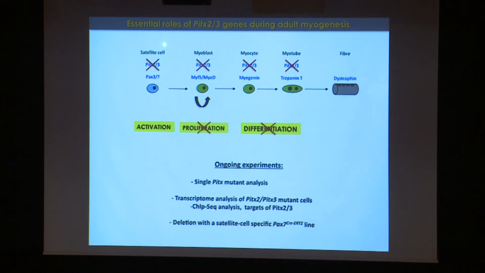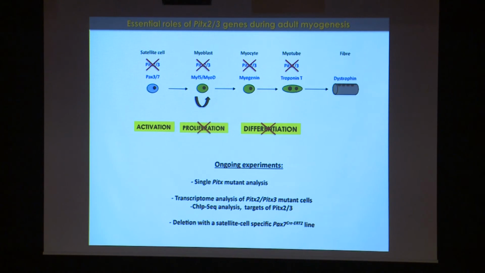And apparently the PITX genes come in the picture, but their invalidation at this stage does not seem to be critical, because we have never seen that the transition from quiescence to activation was affected in absence of PITX genes. But what we've seen is severely affected is the proliferation and differentiation capacity of these muscle progenitor cells.